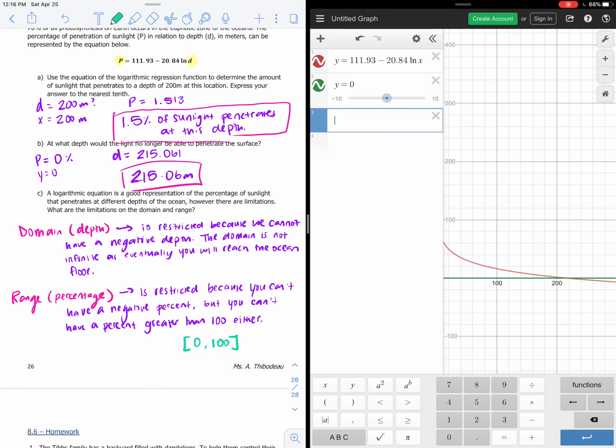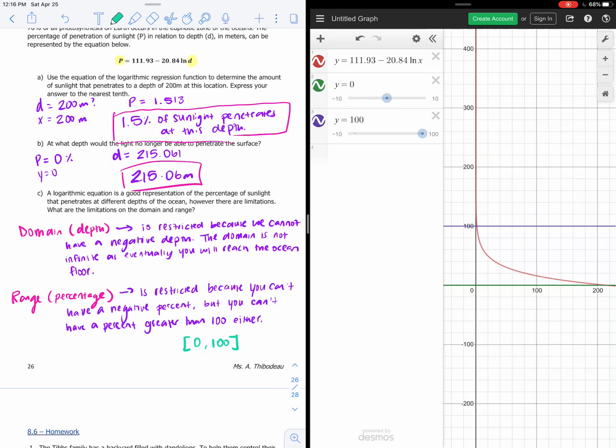I'm just going to X this off. So if our smallest is y is equal to 0 and our largest is y is equal to 100, the only parts of our graph that make sense are from here to there. Okay? Which means we can also see that our domain can only be between those two values as well.